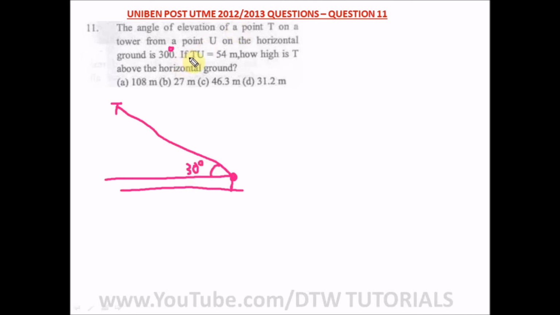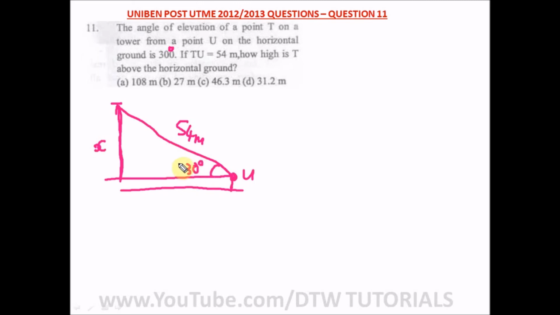If TU is 54 meters, how high is T above the horizontal ground? So we're looking for how high T is above the horizontal ground. That's this length, this particular length. Let's say this is x. All right, so what do we do now?